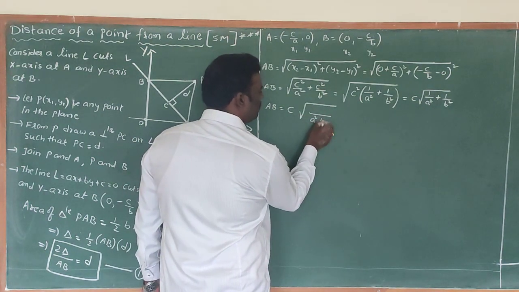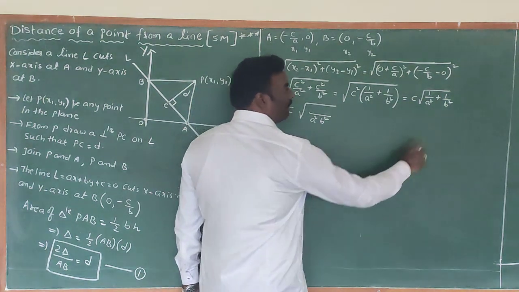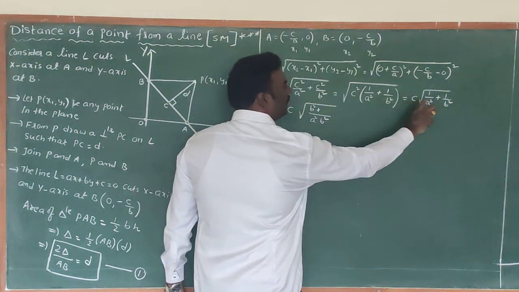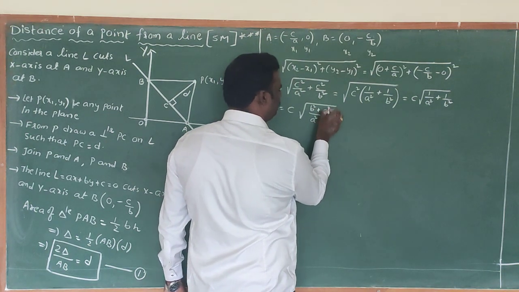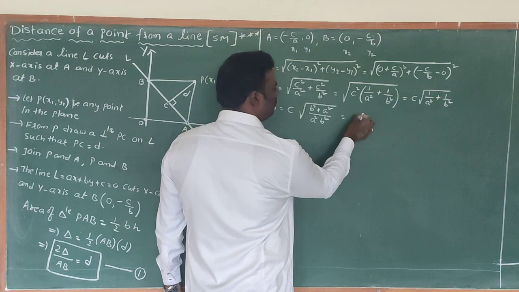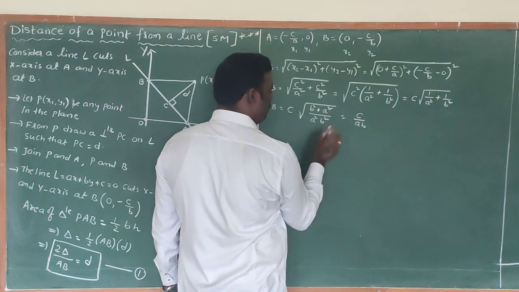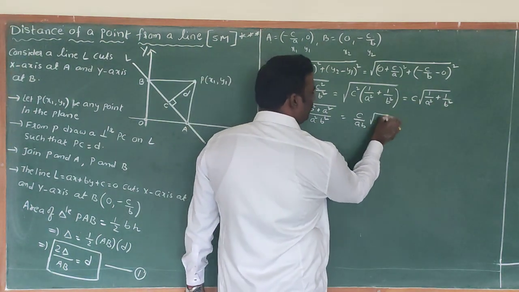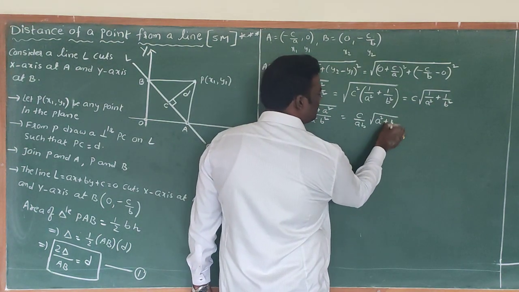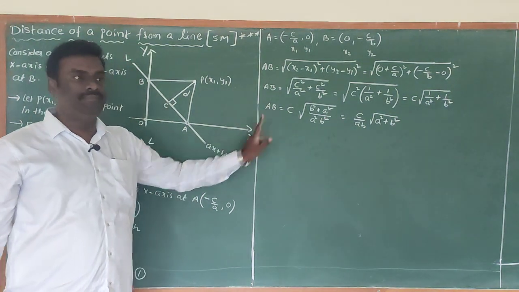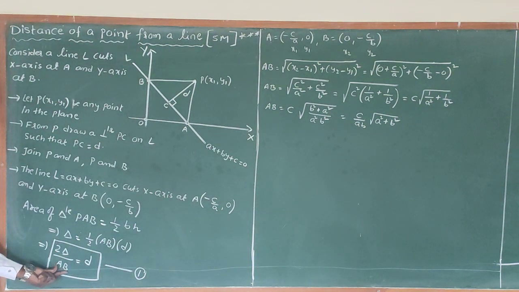A square B square. Now B square into 1, A square into 1. Now this can be written as C by AB, because the square root gets cancelled, into under root of A square plus B square. This is the value of AB over.